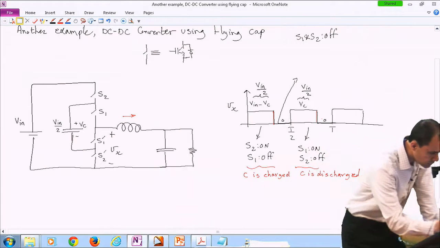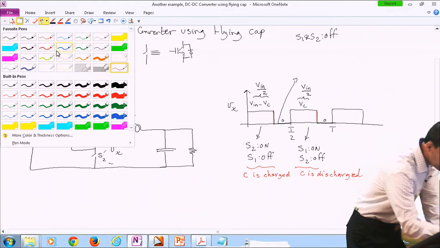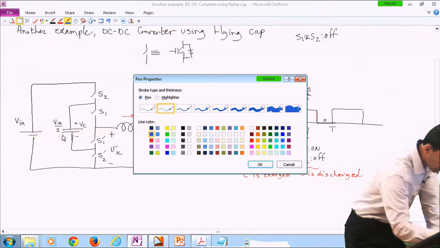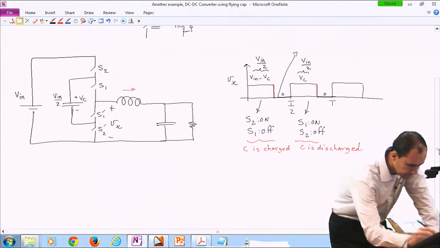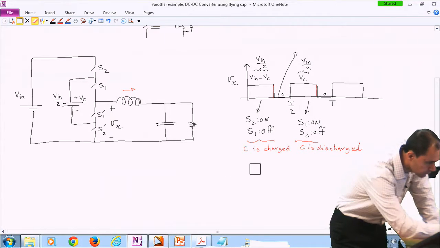As far as the inductor current is concerned, it's just a classic buck topology.